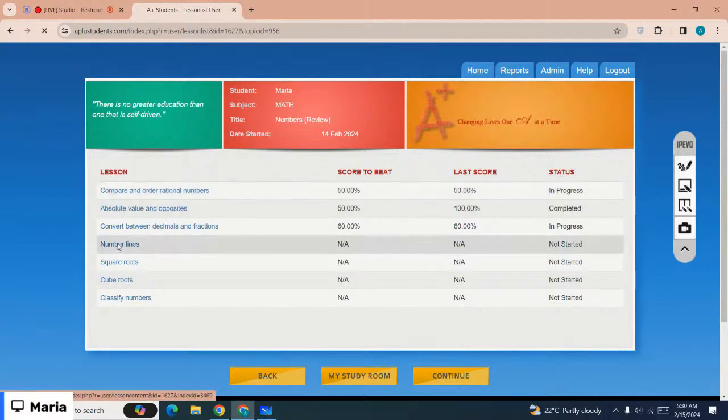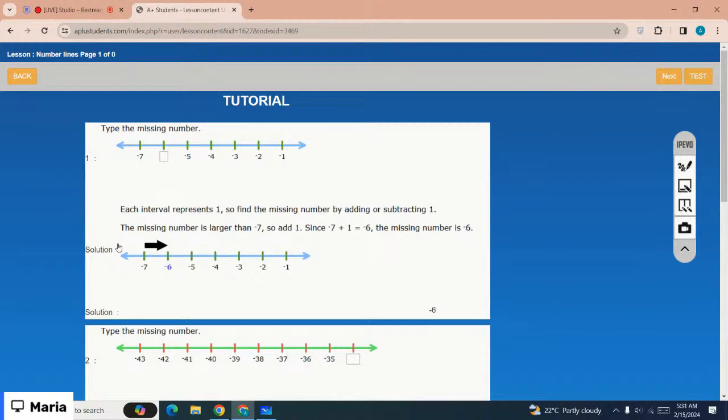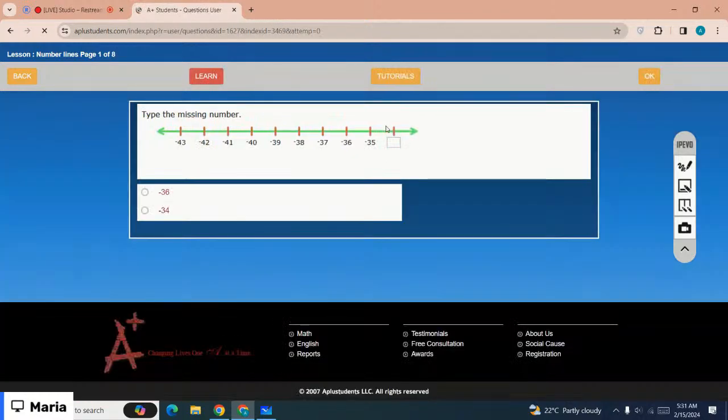That is number lines. Let's just start with the next lesson. Okay, let's just start with the test questions. Type the missing number. So which number is missing?